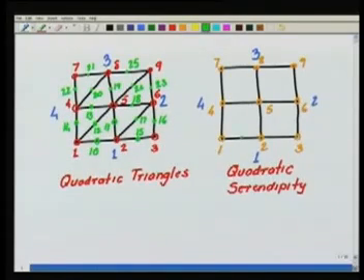So in this element the edge ones are 10, 11, 12, 13, 16, 17, 18, 19, 21. So in the case of serendipity, I have a total of 21 unknowns, and in the case of the triangles we have 25.